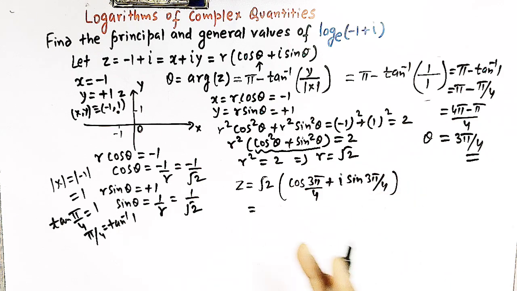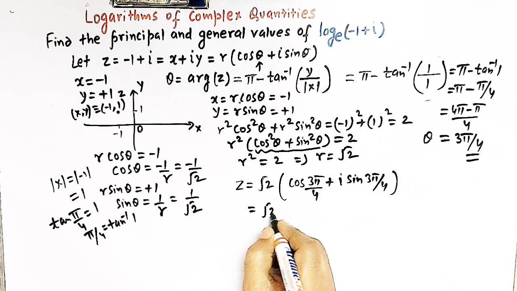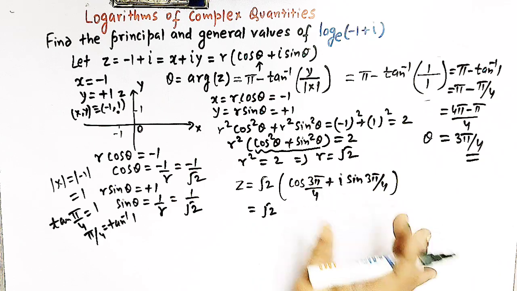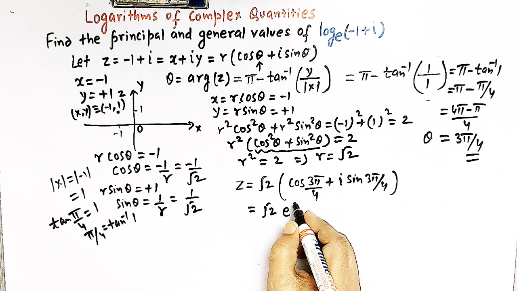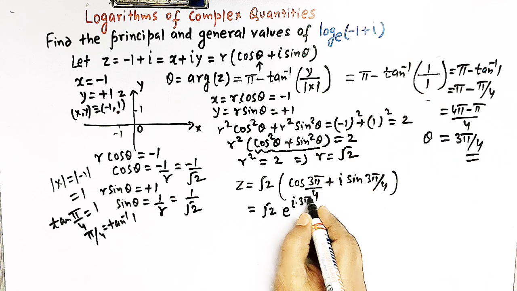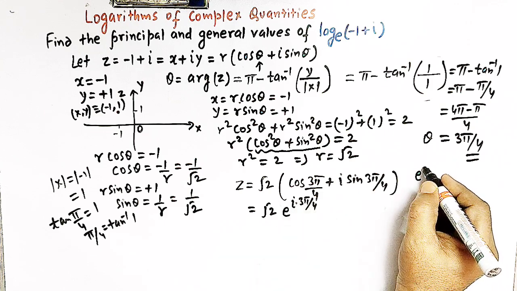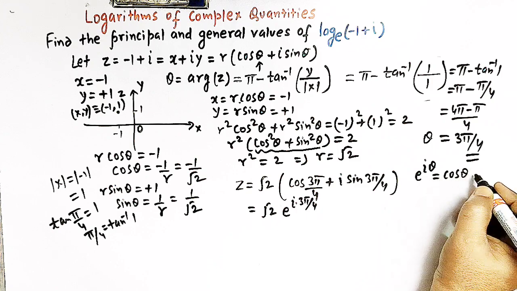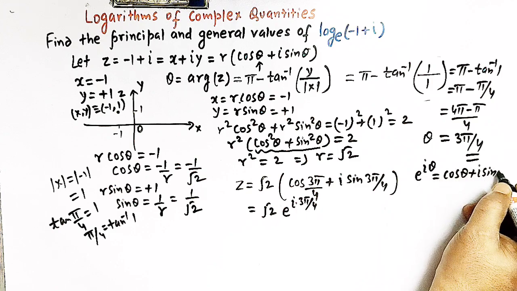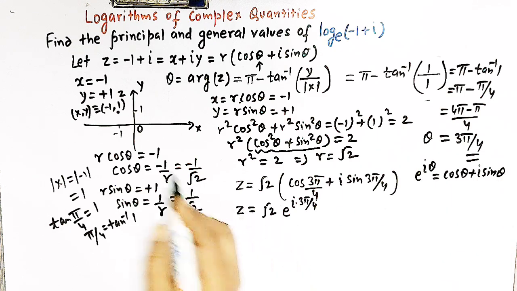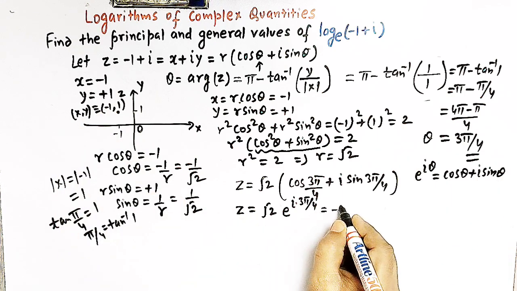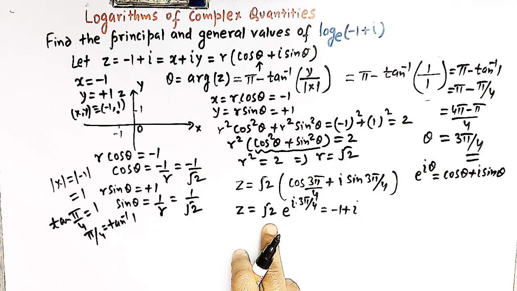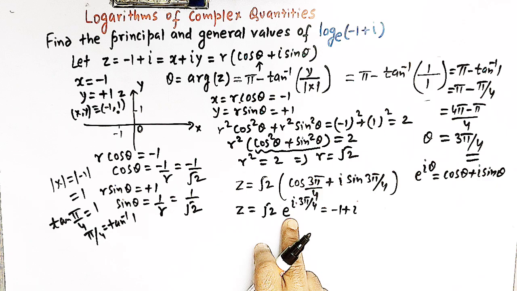Now using Euler's formula, we have here square root of 2, and this expression can be written as e raised to i times 3 pi by 4, because e raised to iota theta is given by cosine theta plus i sine theta, right? So our complex number, that is minus 1 plus i, is now given in this form, that is square root of 2 times e raised to i times 3 pi by 4.